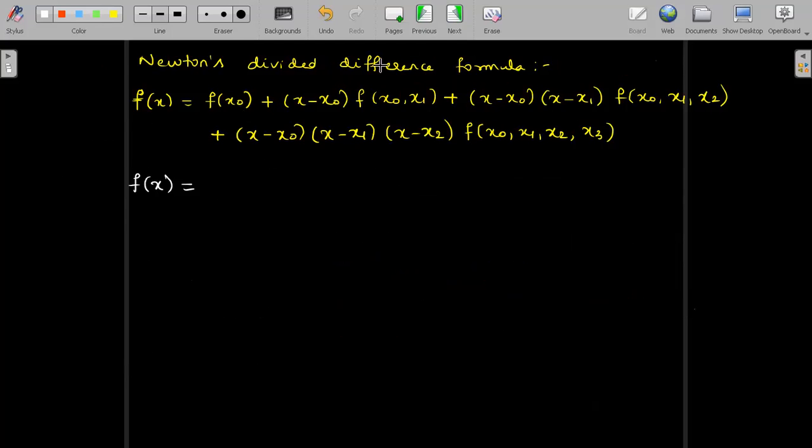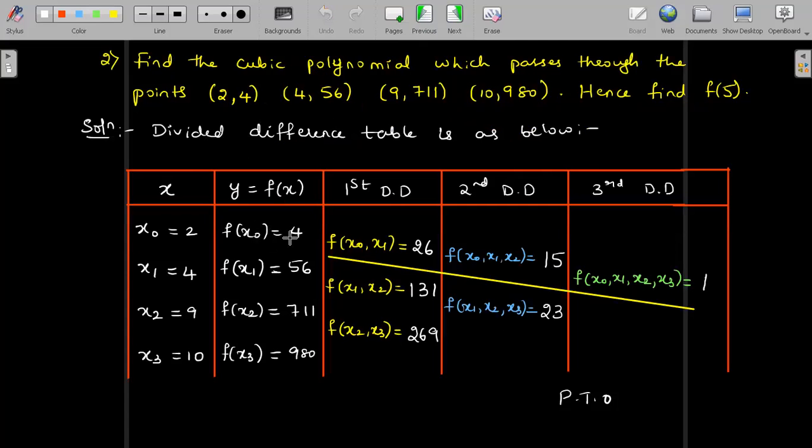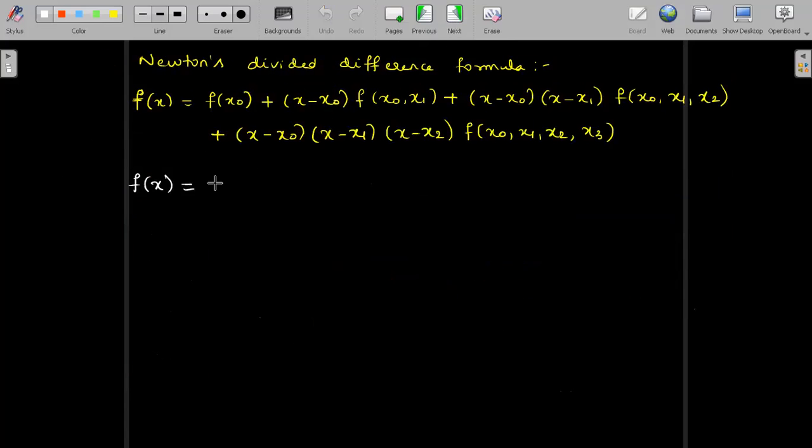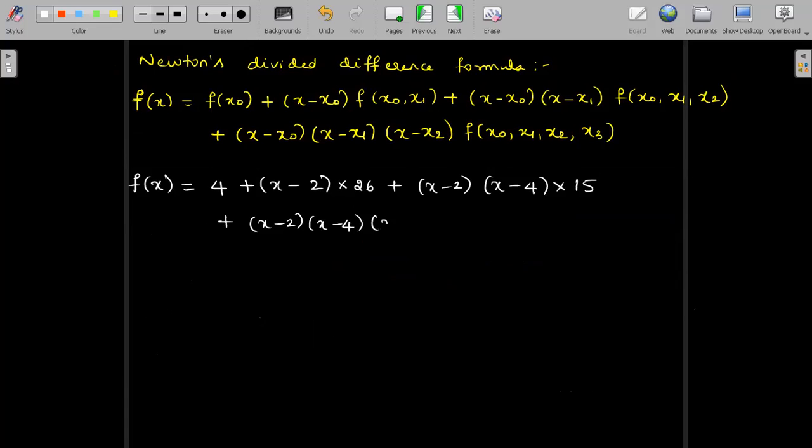F of x naught is nothing but the very first value, which is 4. 4 plus x is kept as it is, x minus x naught is 2, into f of x naught x1 is 26, plus x minus 2 into x minus next value of x is 4, multiplied by 15 in the table, plus x minus 2 into x minus 4 into x minus 9 multiplied by 1 in the table.